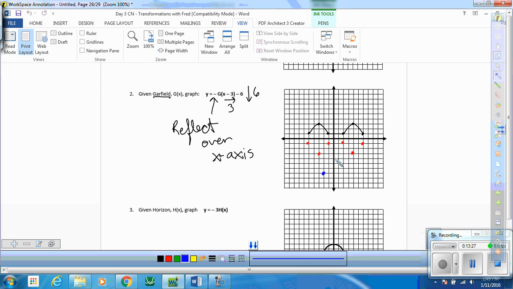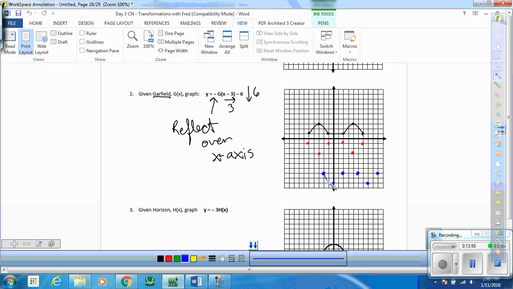Doing the same for each of the remaining points, 3 to the right and 6 down.